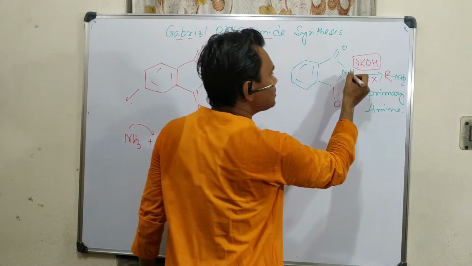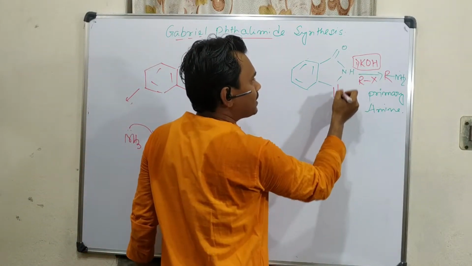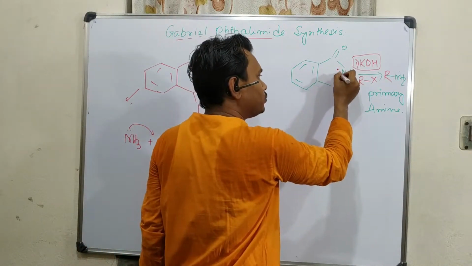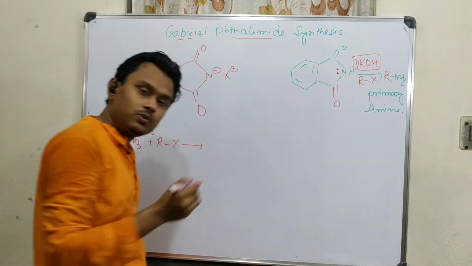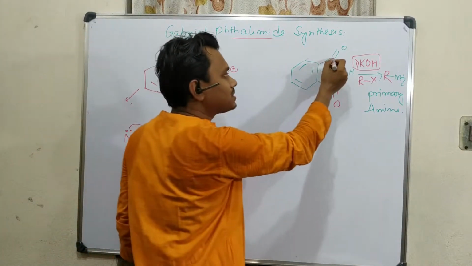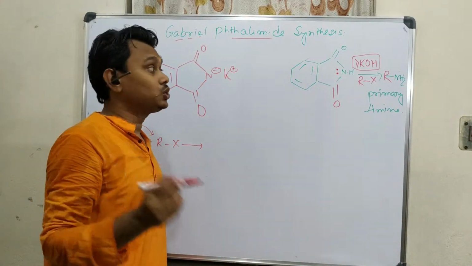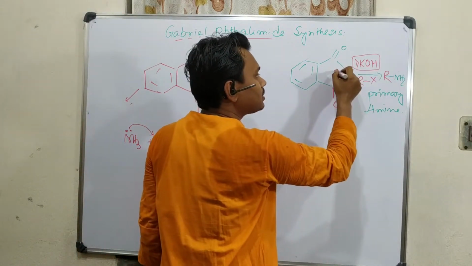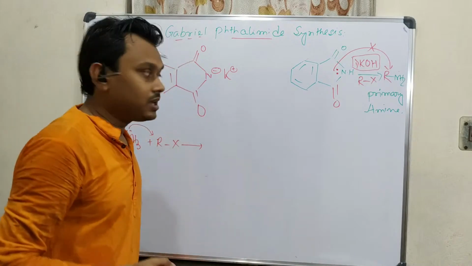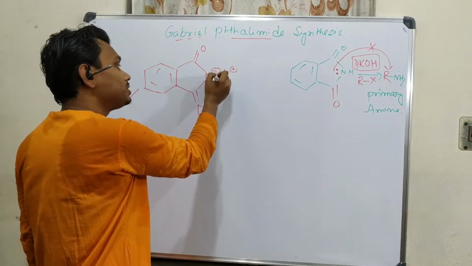Because this nitrogen is attached to two electron withdrawing groups. So the lone pair, which is actually responsible for the attack on that alkyl halide, is delocalized, no longer that much available to undergo this substitution reaction, not possible directly. That's why it is needed to generate this.